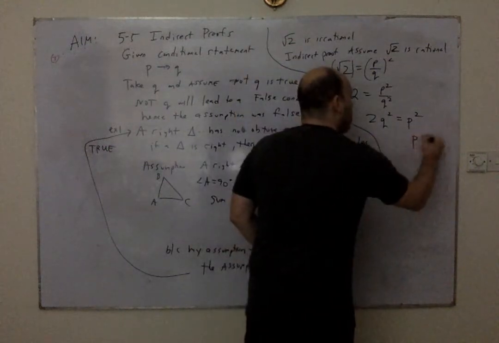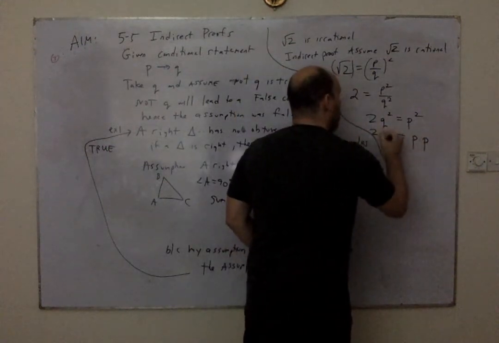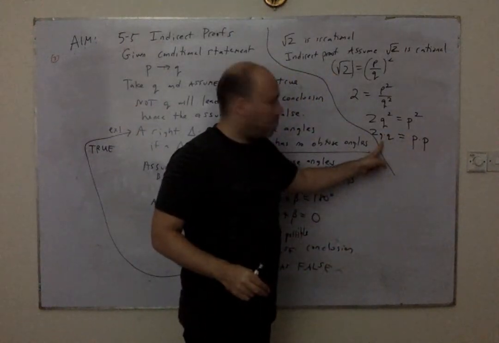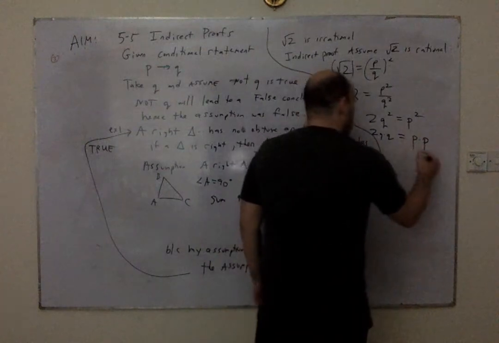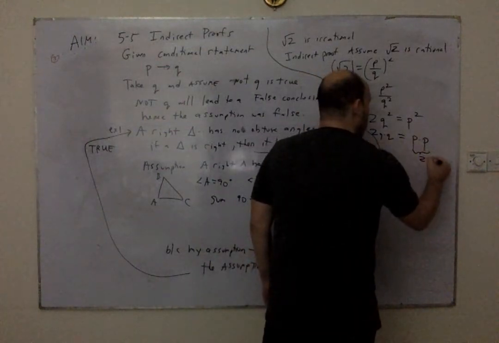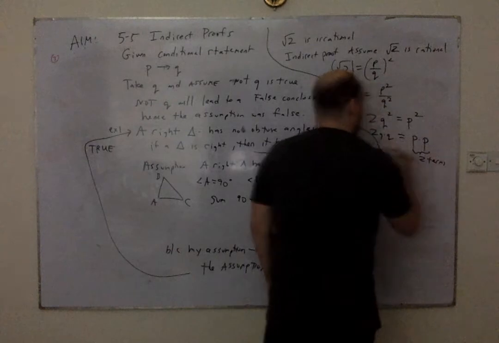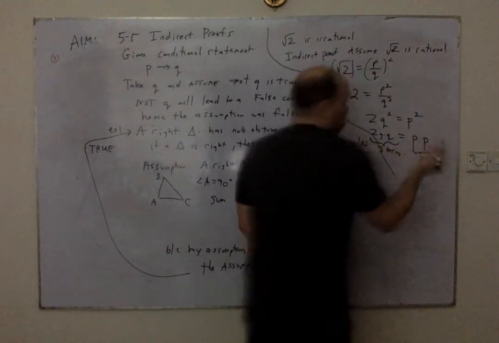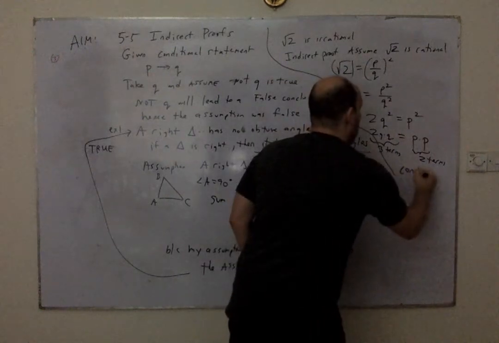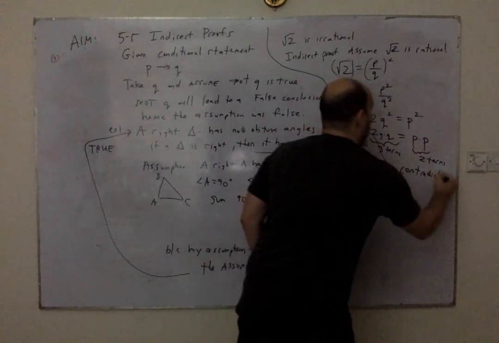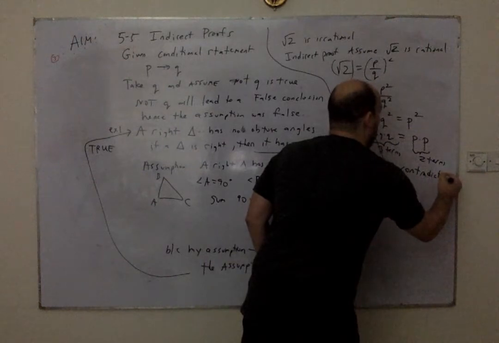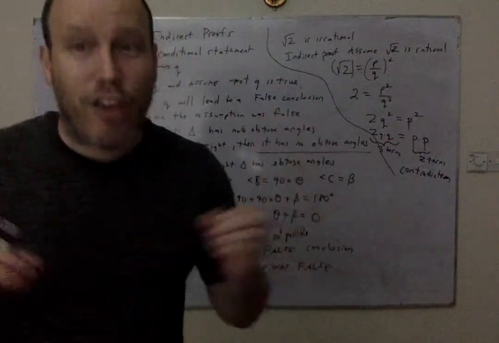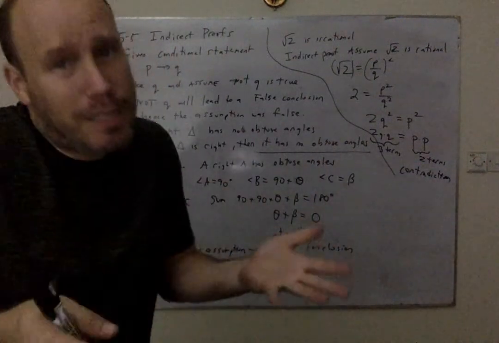How could P times P equal 2QQ? So this is 2 terms, and this is 3 terms. We have a contradiction. And therefore, radical 2 is irrational. Once again, very advanced, but that's the idea.